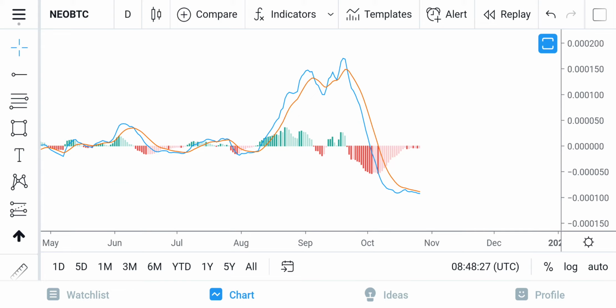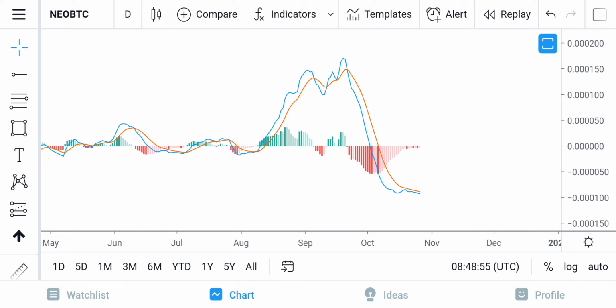Another thing is when the blue line, that's the MACD line, crosses below the signal line, it's a bearish signal, a sell signal, telling you that the market is bearish. But when you have a bullish cross like over here, when the blue line crosses above the orange line, that's a buy signal.